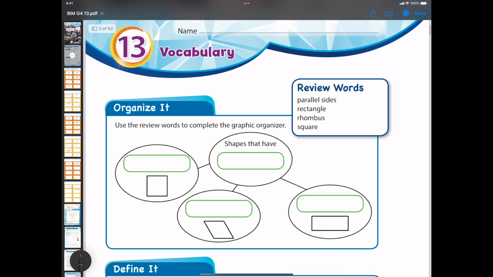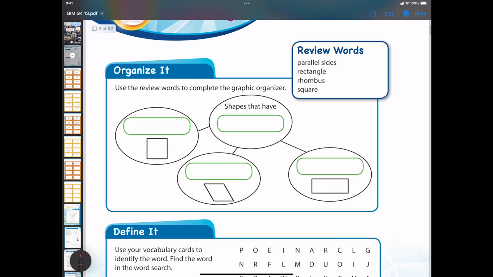This is the vocabulary. Use the review words to complete the graphic organizer. All right, so we have 1, 2, 3, 4 circles, okay? Now, first one, shapes that have, we don't know yet, but here, this is what? Square. And this is what?